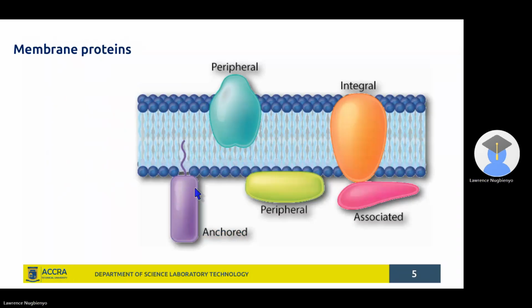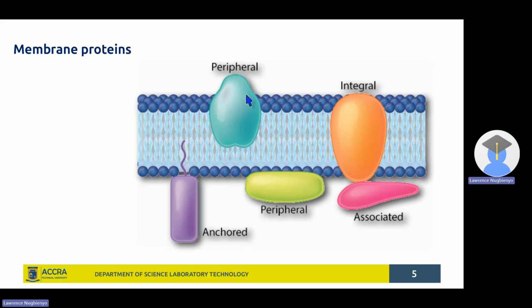Now, what you do see as the peripheral proteins are these proteins that do not transcend the whole thickness of the biomembrane. So for instance, you see this peripheral protein, which has, say, halfway being embedded in the membrane.